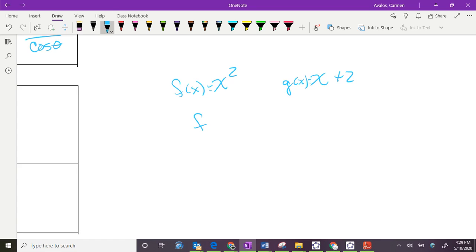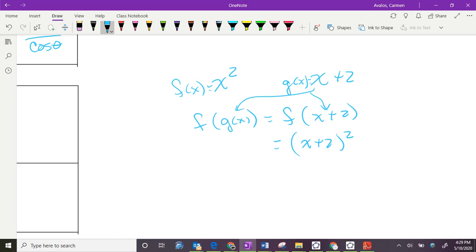So that means that I'm going to have f of g of x, let's say. So I have f, I have x plus 2. That means I'm going to take this x plus 2 and put it into that. So I'm taking the g of x, which is this function right here, and I put it in there. So it's x plus 2 quantity squared. That's what compositions of functions is.